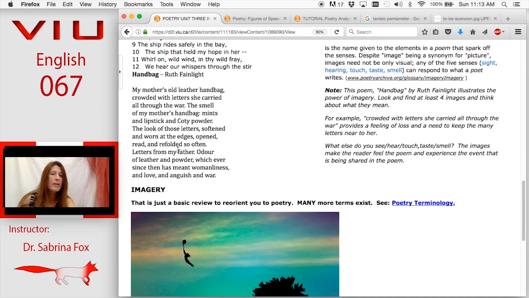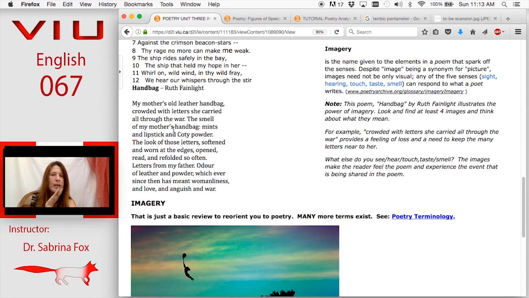If I were asking you about the imagery in the poem, you might look at the first example that comes up here and say, okay, crowded with letters she carried all through the war. This shows a feeling of loss and a need to keep the many letters near her. They're important. And I ask you, what else do you see, hear, taste, touch, or smell?